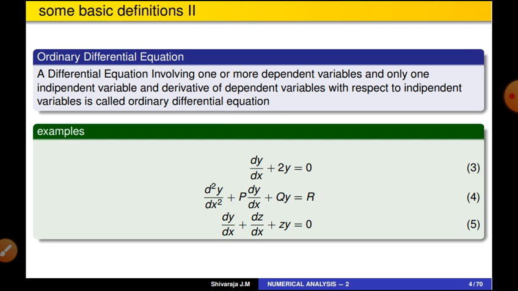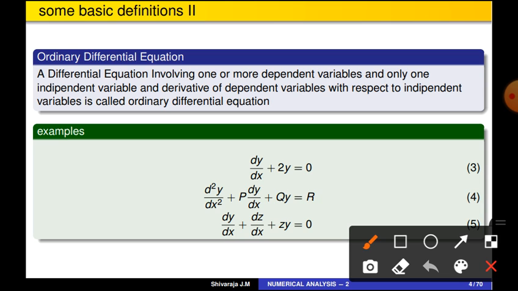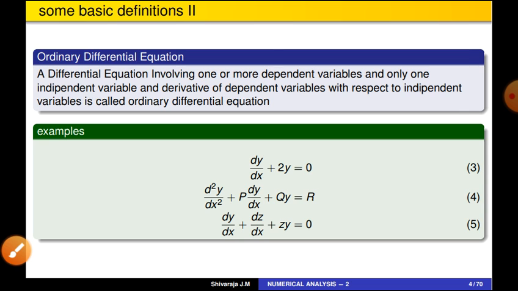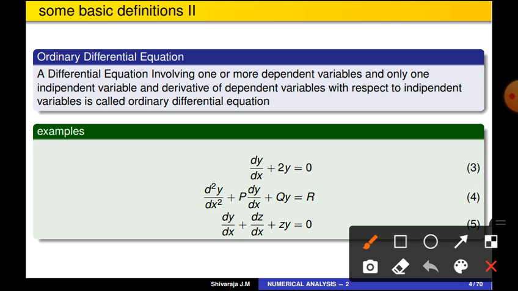Now let us see what an ordinary differential equation is. An ordinary differential equation is an equation involving one or more dependent variables and only one independent variable, and the derivatives of the dependent variables with respect to the independent variable.